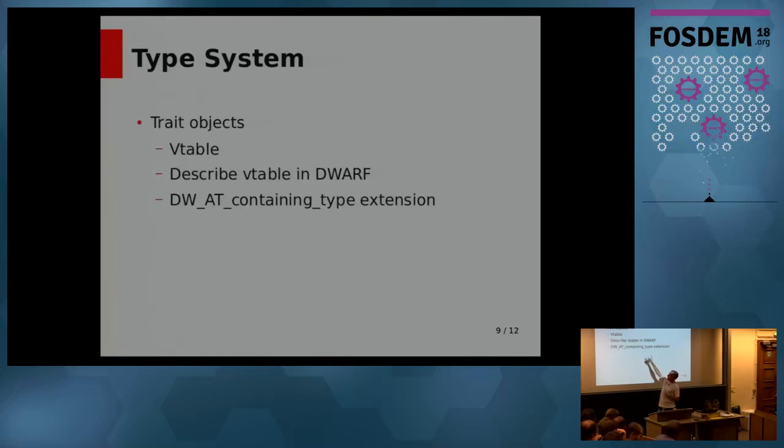We add a containing type attribute so that this V table points to the concrete type for which it was implemented. And what that means is when you get a trait object in GDB and you go to print it, GDB knows it's a trait object through hackery. This is another area where we should add a new tag, but it knows it's a trait object.